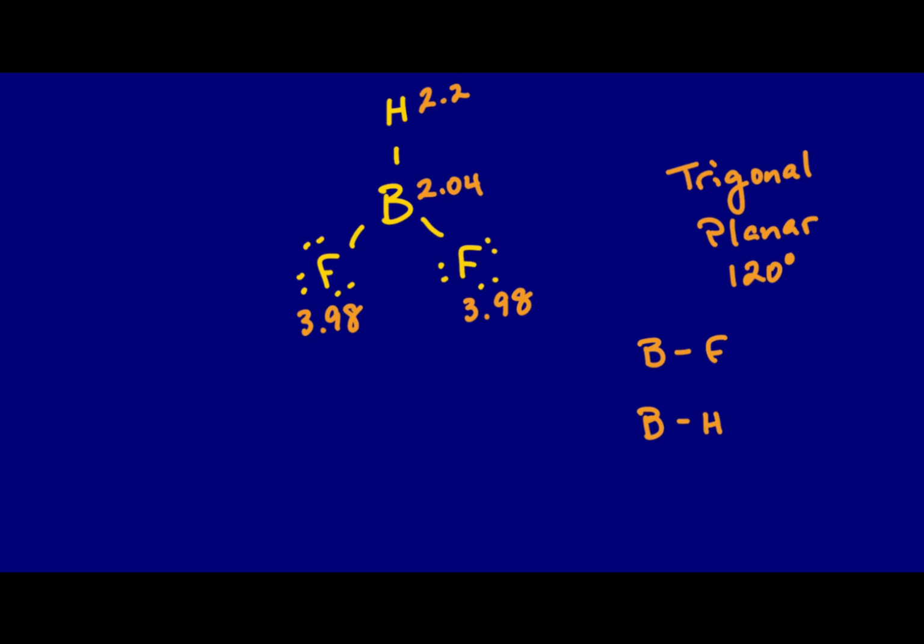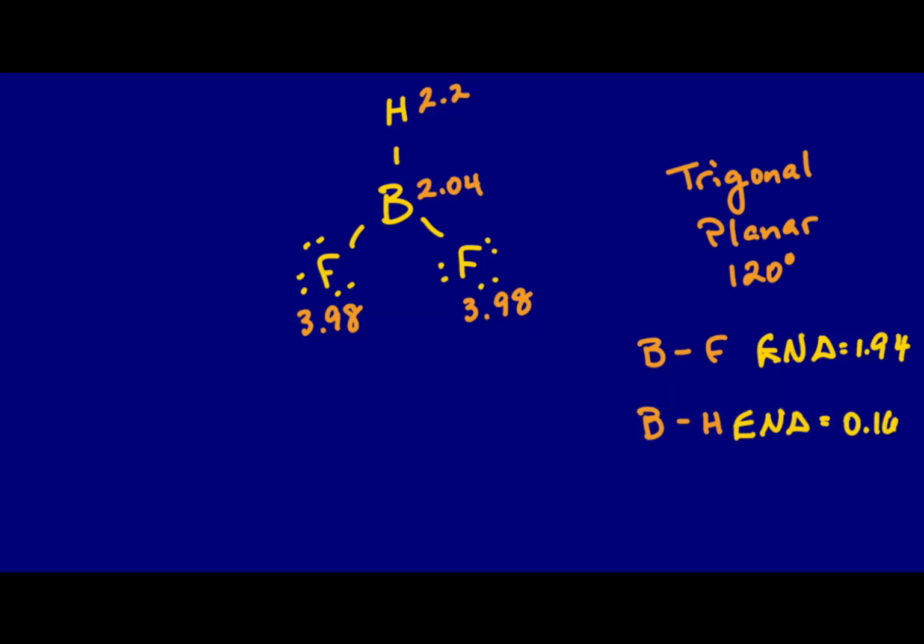Now, the difference in electronegativity for the boron-fluorine bond is 1.94. The electronegativity difference for the boron-hydrogen bond is going to be 0.16.